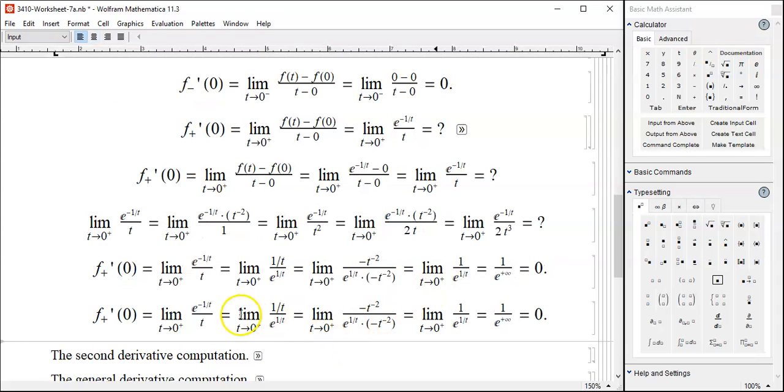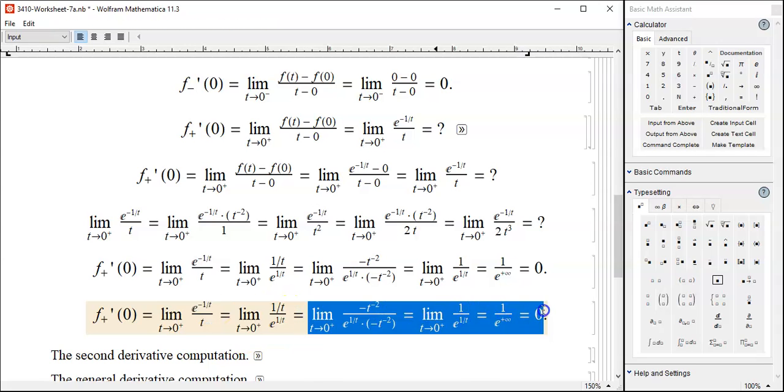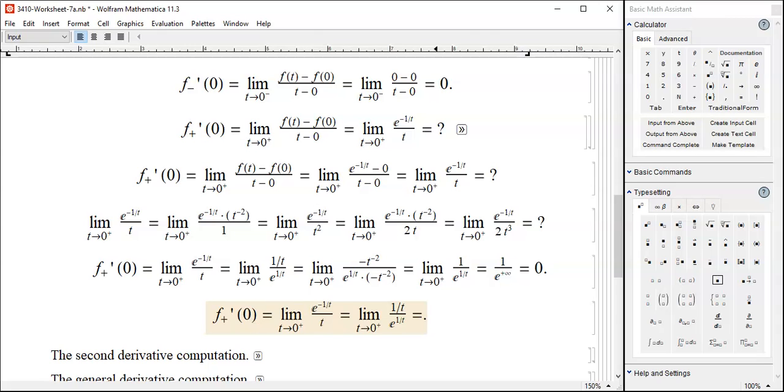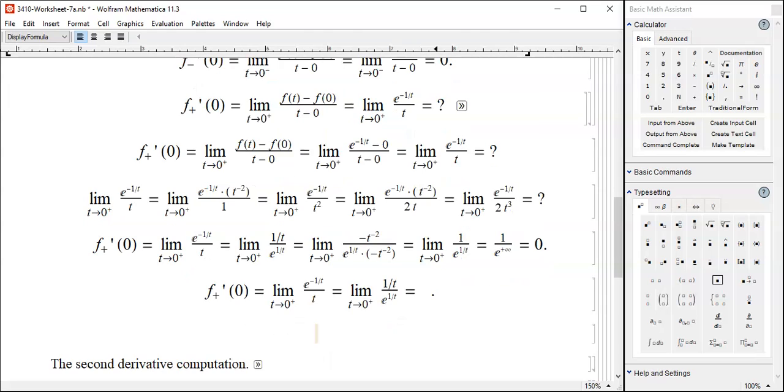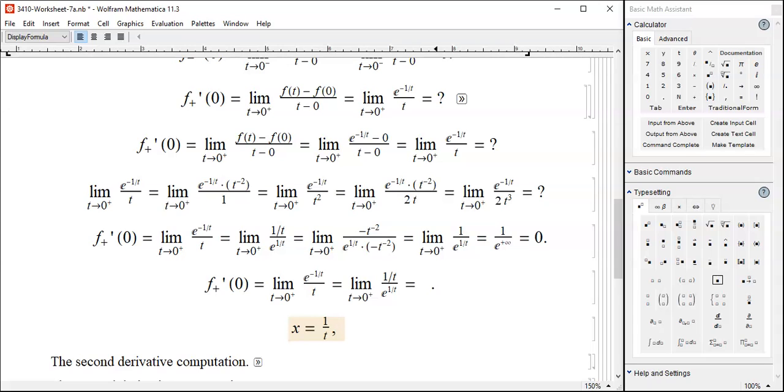Easier this way. Let's do this computation from here, and then we got that. And then let's take a bit of a break here, and let's apply some change of variable. Let's put x as 1 over t. Therefore, t is 1 over x.